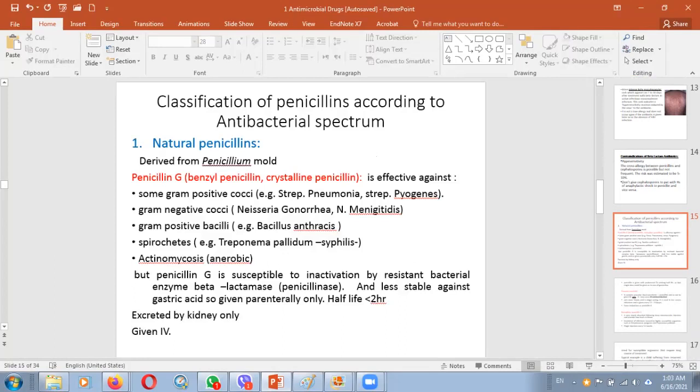Now we come to the classification of penicillins according to antibacterial spectrum.